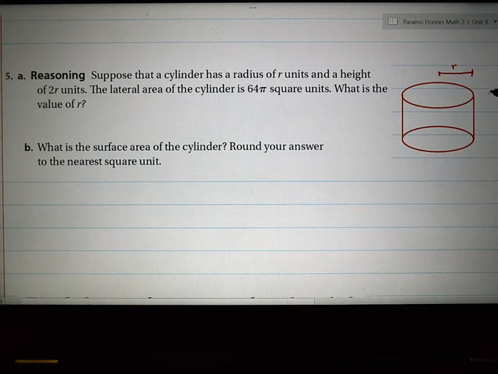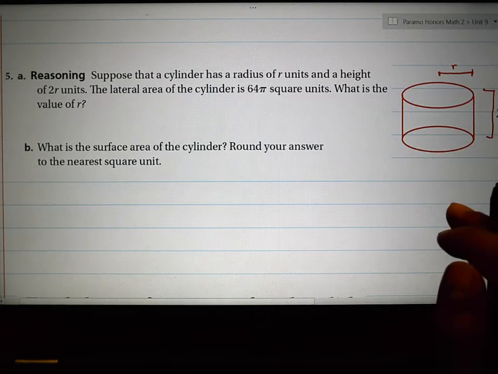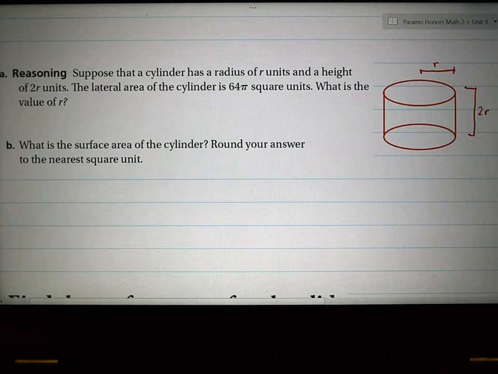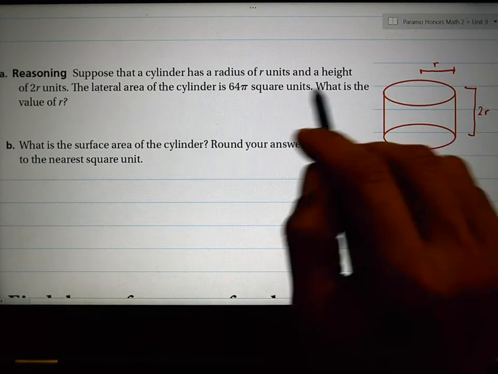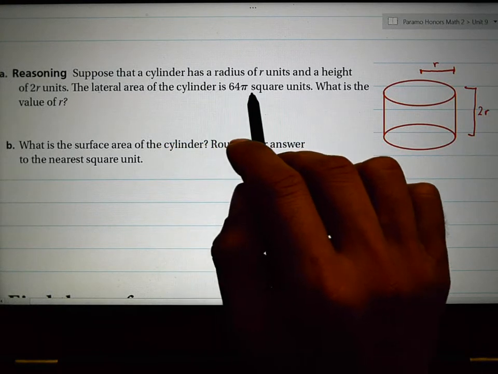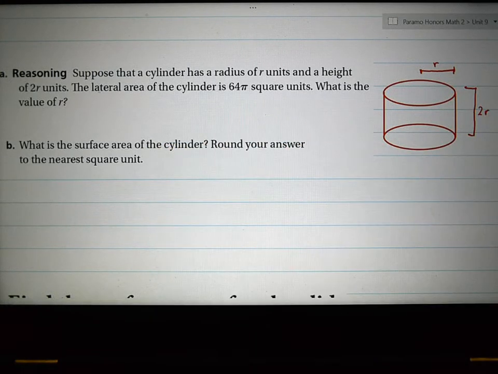And the height from the top of the cylinder to the bottom of the cylinder is 2r units, twice the radius. Oh, you can't see that, so let me scoot it over just a bit. There you go. The lateral area of the cylinder is 64 pi square units. What is the value of r?